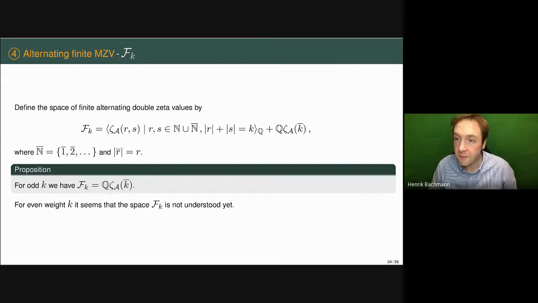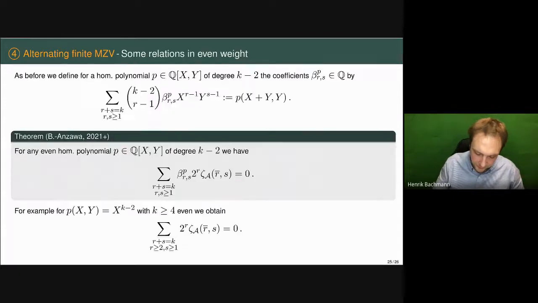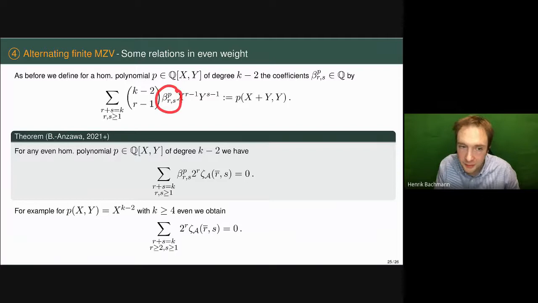But for even weight, it seems that they are interesting, and they are not all a multiple of some fixed zeta value like here. For even weight, we can also prove a family of relations which look quite similar to the period polynomial relation. Recall that for a polynomial p, we defined these coefficients beta.